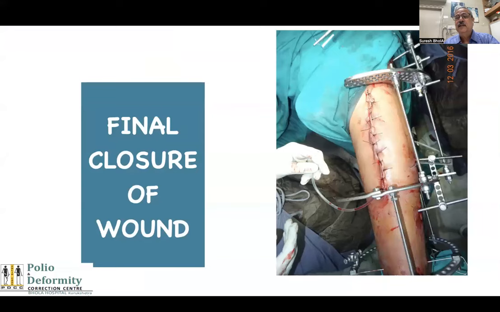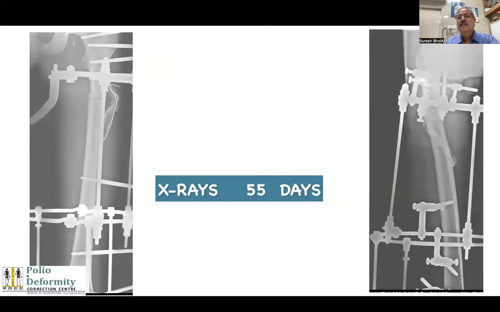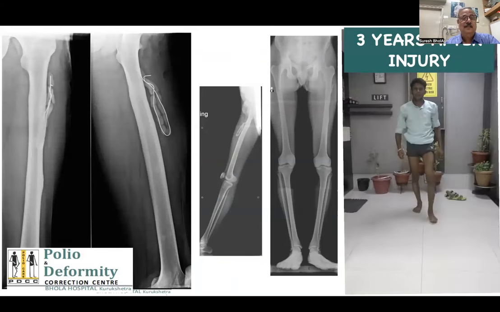And this was the final closure of the wound. These are day 1 X-rays, day 55 X-rays, day 100 X-rays, and these are the results 3 years post-operative. The fracture is very well aligned in both AP as well as lateral views, and these are the functional results.